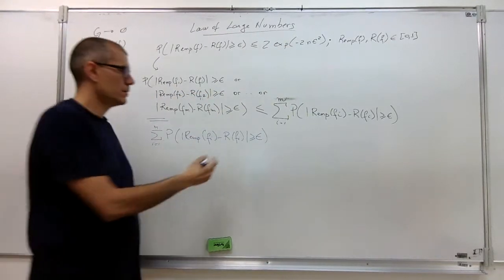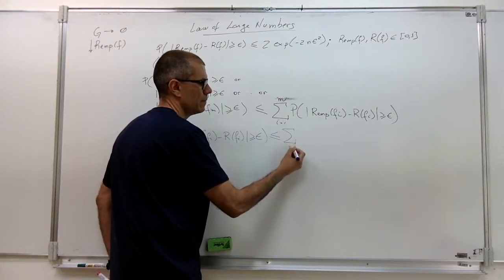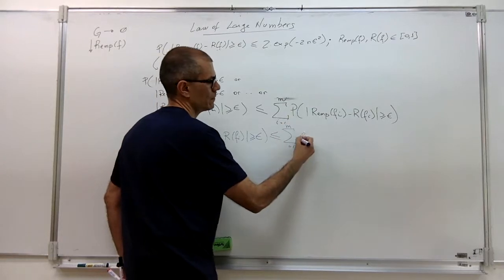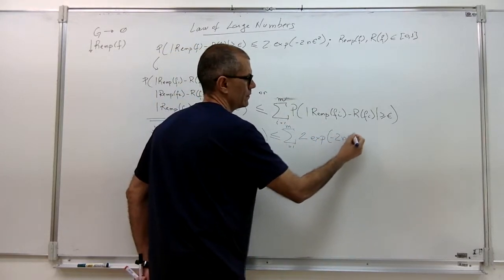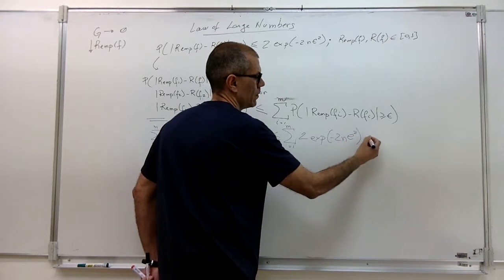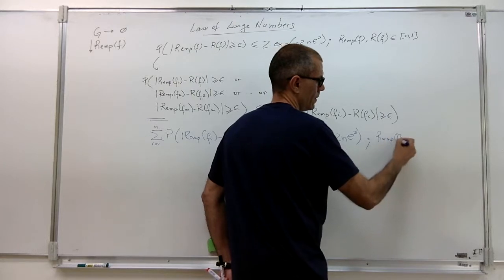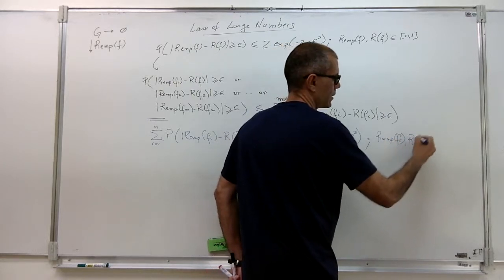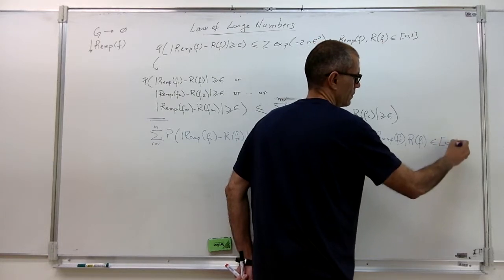So of course, I could upper limit that by a sum from 1 to m of 2 times the exponential value of this. Of course, if I have an empirical risk and an expected risk in interval 0, 1.